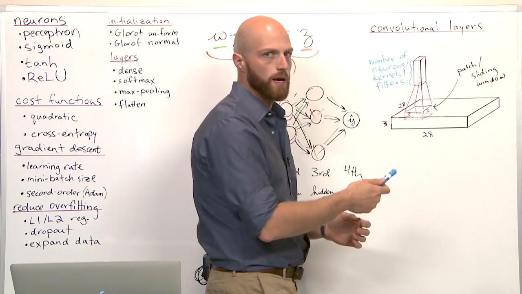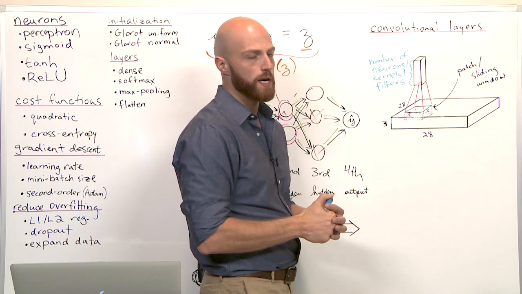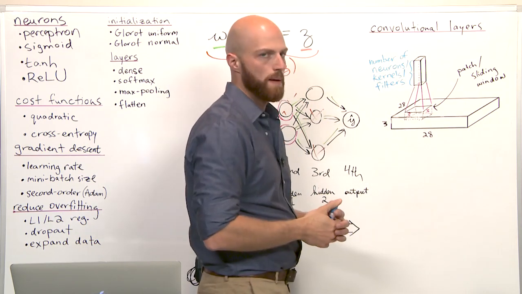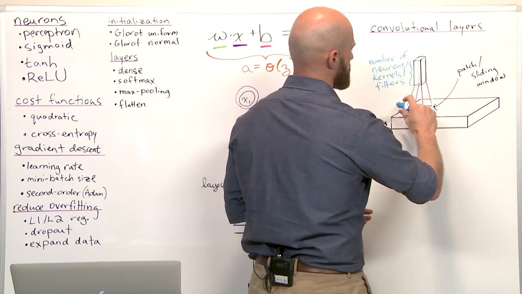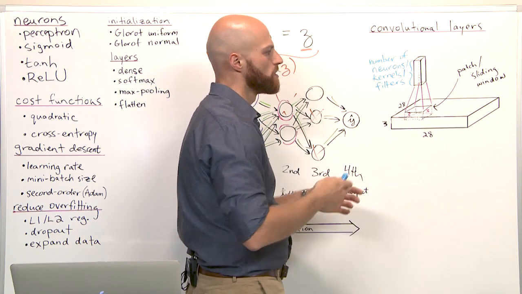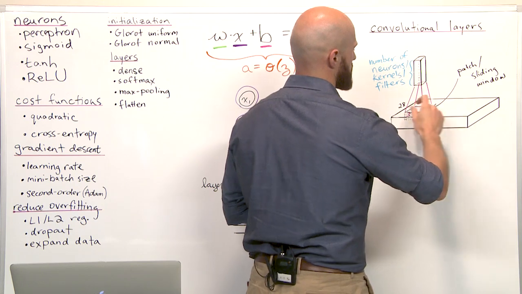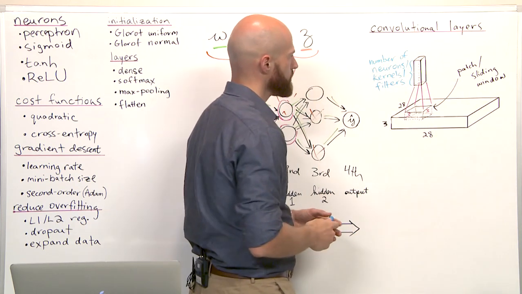I've decided here that it has a 3 pixel by 3 pixel height and width. It always has the depth 3 as well. And it passes at some stride length, and we could have stride length of 2 or 3, and that means that we pass at even increments across the image.